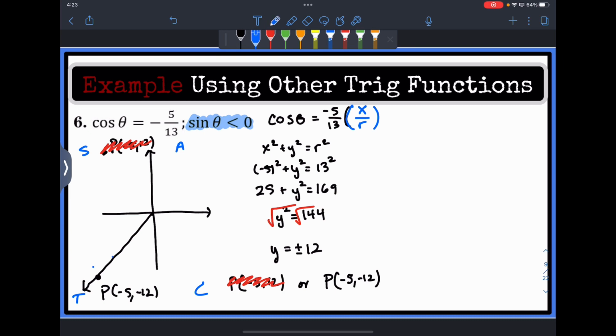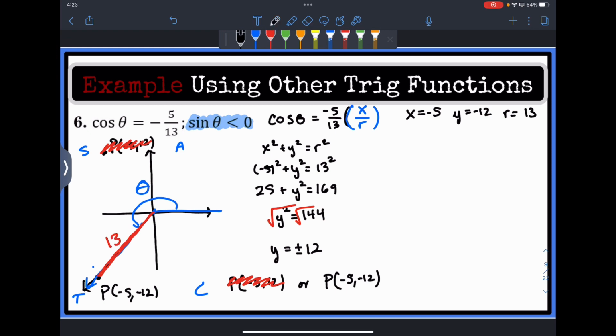So our angle theta is going to look like this. Now I can figure out the remaining 5 trig functions. So x is negative 5, y is negative 12, and r is 13. Again, this distance r is 13 units.